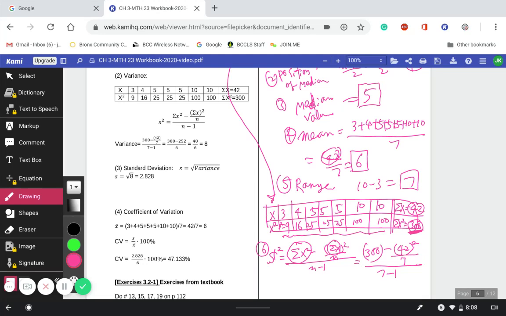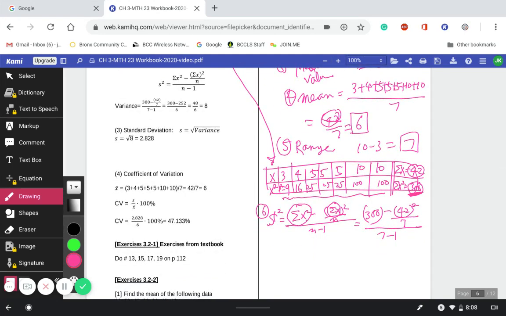So in this case, you do this first by using a calculator. You square the 42, which means 42 times 42, and divide by 7 first. I hope you got 252 when you do that.